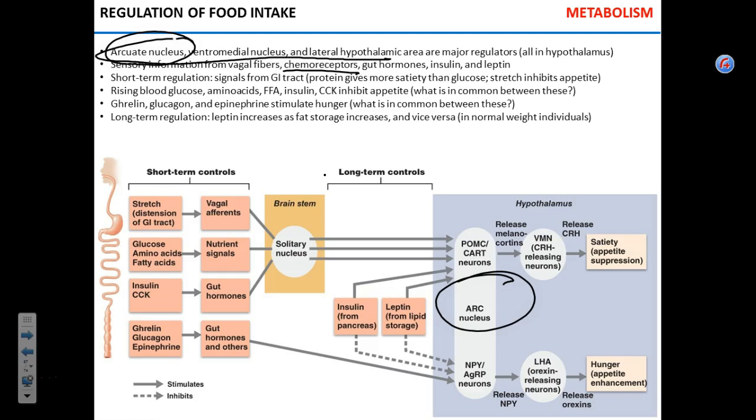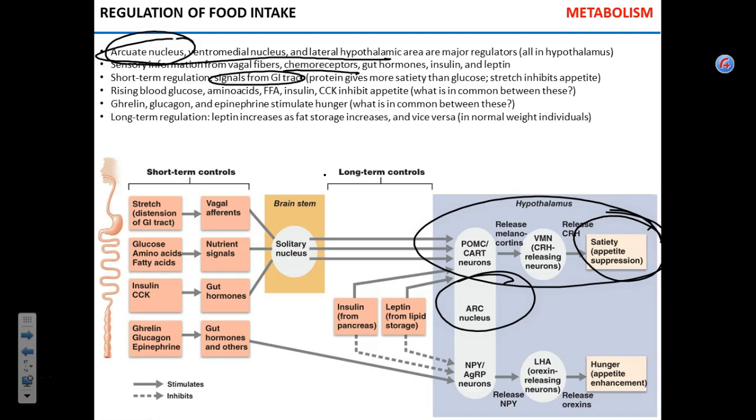The short-term signals mainly come directly from the GI tract. So it's either stretch: when you eat something, your stomach becomes distended and sends inhibitory signals to the hypothalamus.